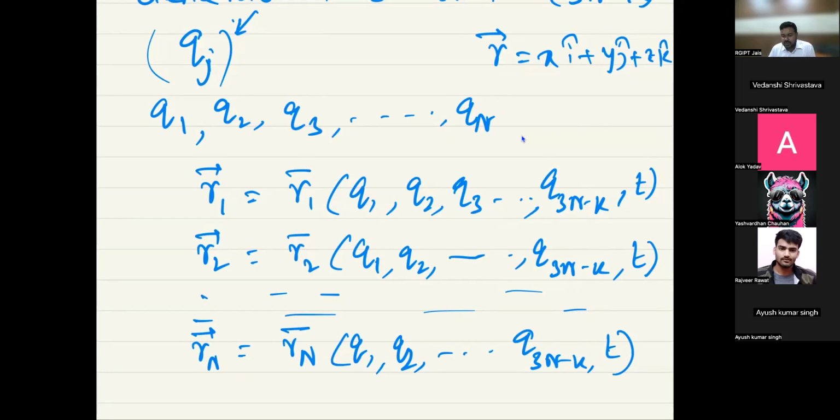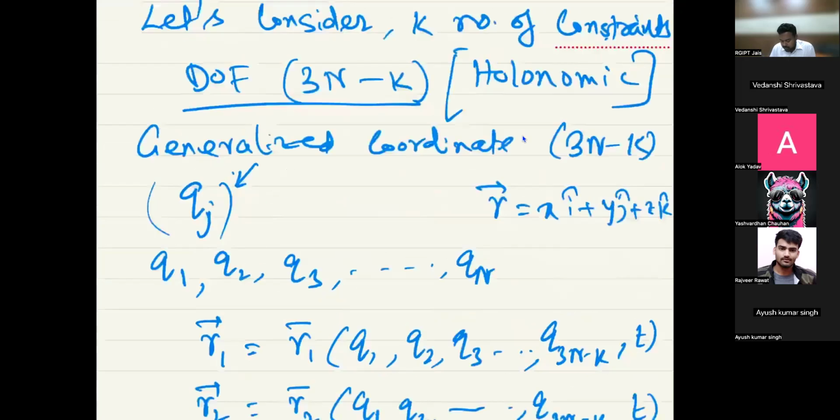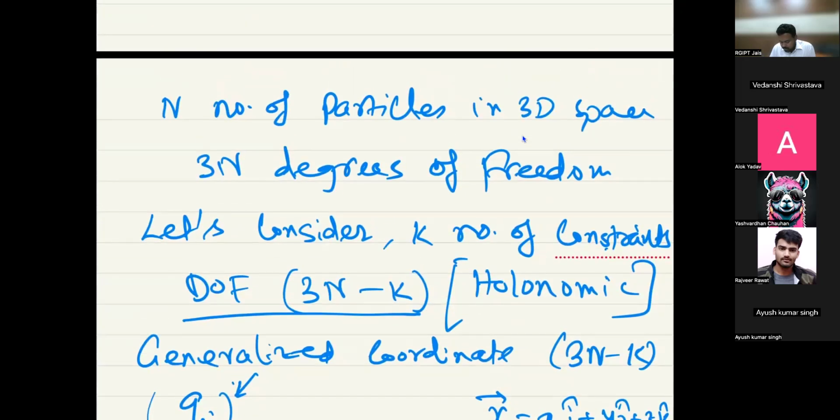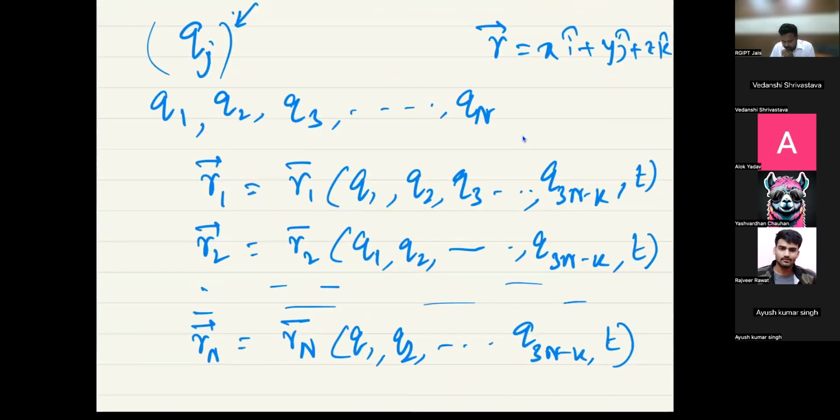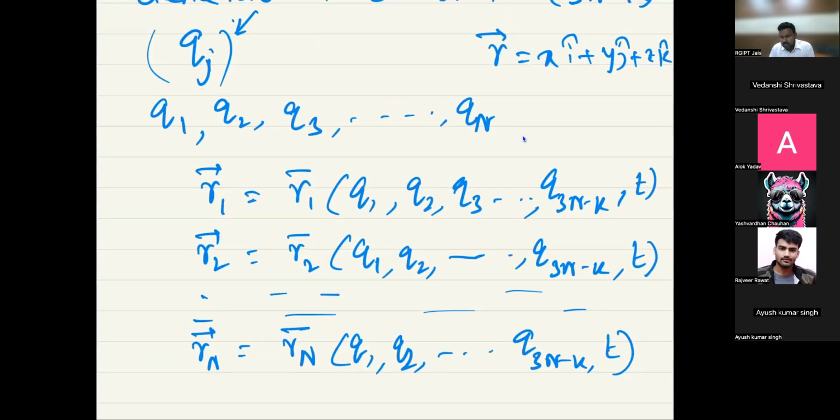I need your response, whether you understood or not. Can you tell why we are writing rn? If you have n particles, there will be 3n degrees of freedom. So why do we write r1 up to rn? Why not r3n?